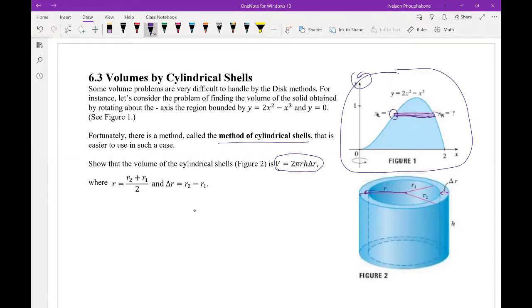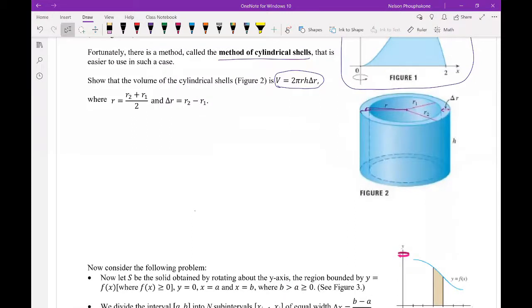First of all, we need to know that R is R sub 2 plus R sub 1 over 2, and delta R will be R sub 2 minus R sub 1. Now, we know the volume of this shape will be V sub 2 minus V sub 1. V sub 2 is the biggest cylindrical solid, and V sub 1 is the smaller.